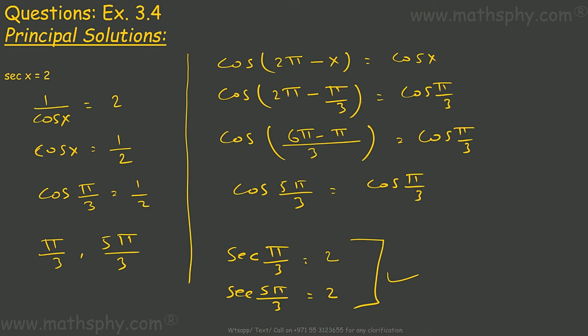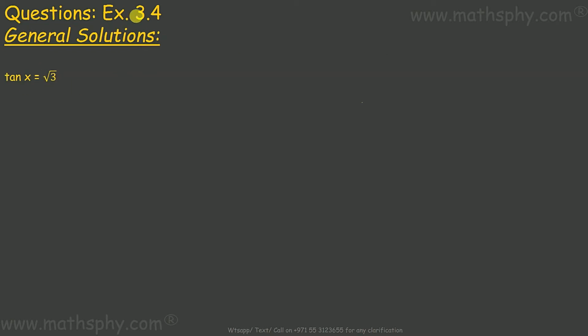Alright, let's solve some more questions on general solutions. It says tan x equals root 3. We know that tan pi over 3 equals root 3. It means tan x is equal to tan pi over 3.